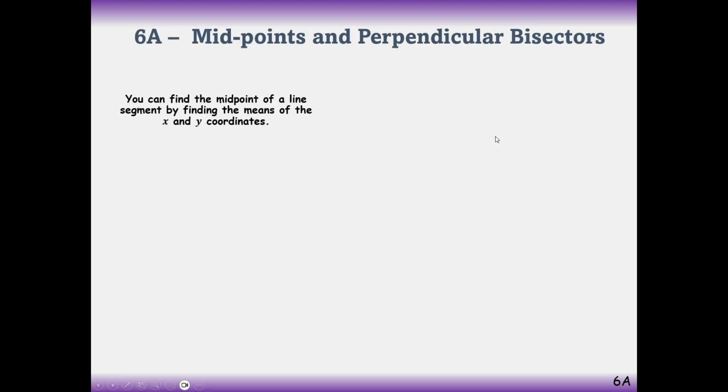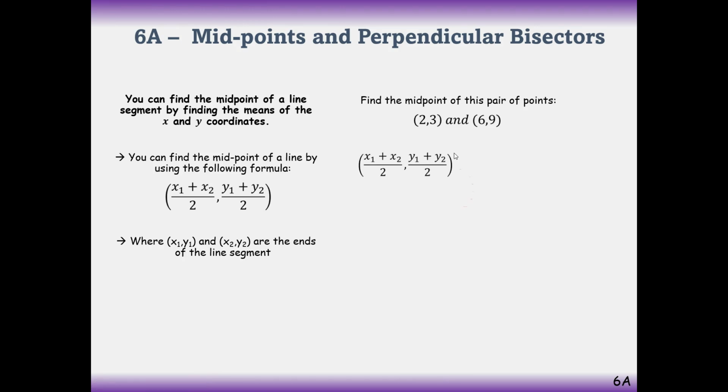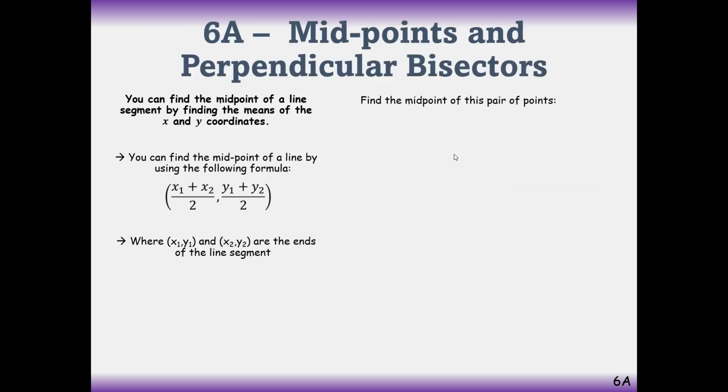So then, in reviewing the skills we learned in the last chapter, I went through the problem where you had to find the midpoint of a line section. So we have two coordinates, and you have to find the coordinates of the midpoint. Here, you would just simply take the average of the x values and the average of the y values, and that would give you the answer 4, 6.